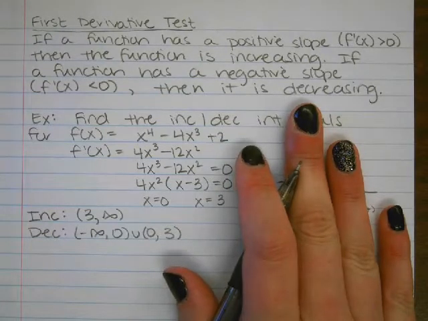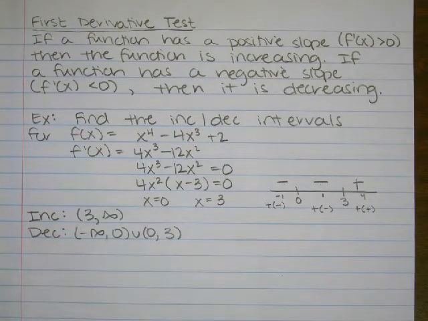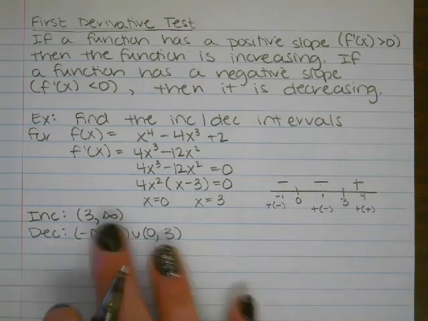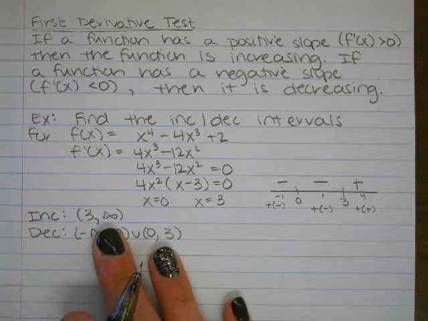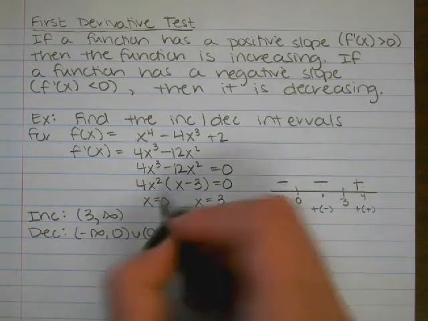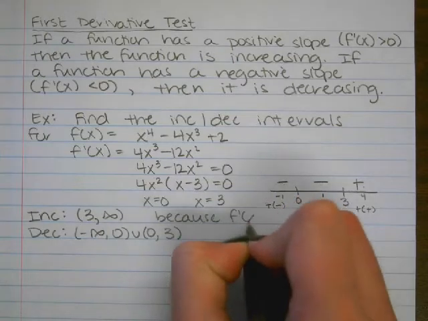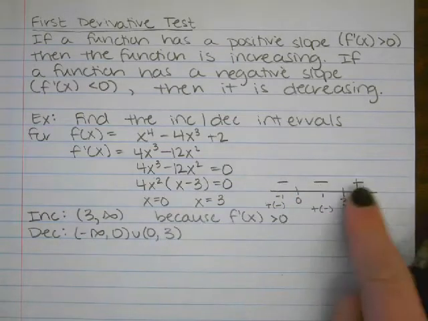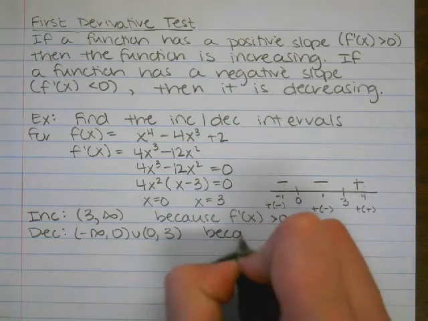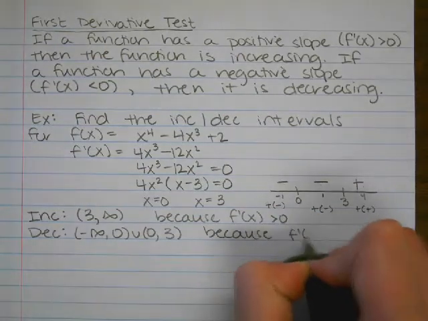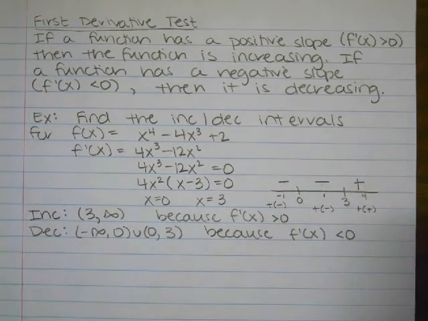That is us making the math work for us as high school students, or as people who need to think about it more simply. For a mathematician, they're going to say it's increasing because the derivative is greater than 0. So we're going to say because f prime of x is greater than 0, because it's positive. And here it's because f prime of x is less than 0. So that's how we can tell about the increasing and decreasing intervals.